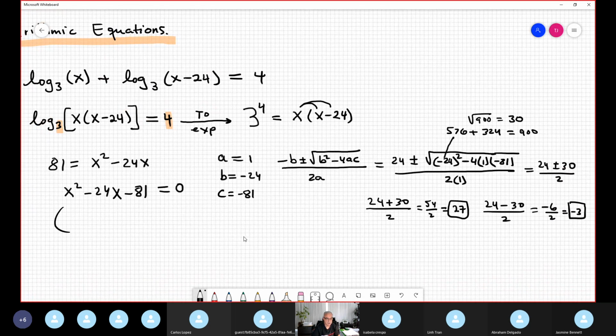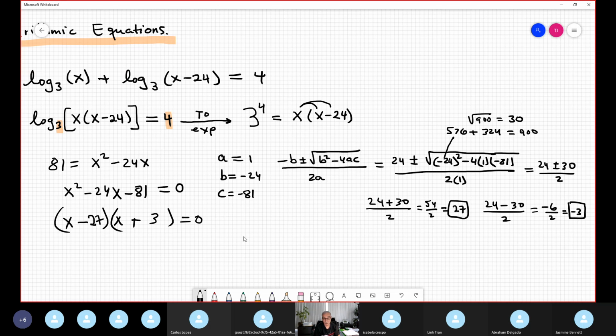The combination is two parentheses, x and x, with 27 and 3. 27 is negative and 3 is positive. Negative 27 times 3 is negative 81, and negative 27 plus 3 is negative 24. Then we have two solutions, 27 and negative 3. And this is the answer.